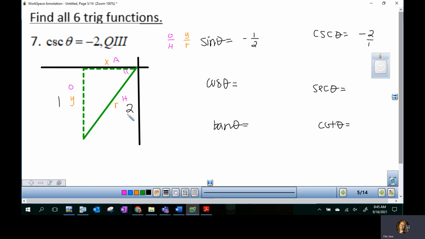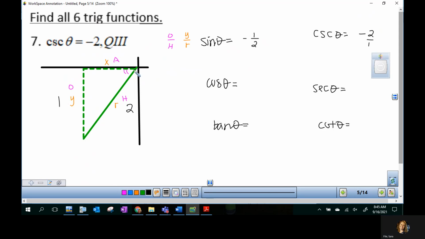Now, which one of those is the negative coming from? Which one does the negative go on? I've heard both answers. What'd you say, Andre? Not both, because if it was a negative divided by a negative, it would come out to a positive, right? What quadrant are you in? You're in quadrant 3. So what's negative in quadrant 3?